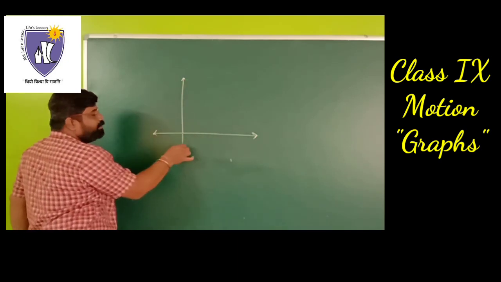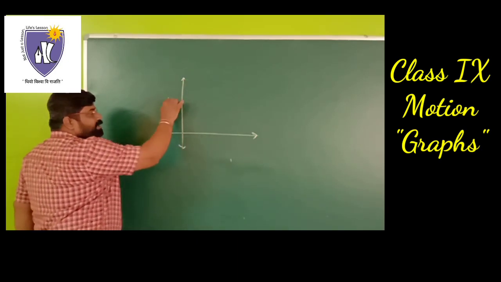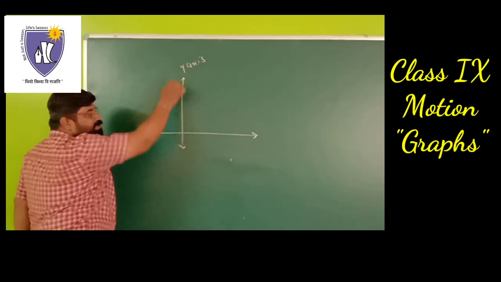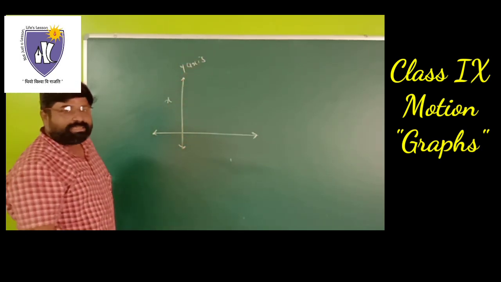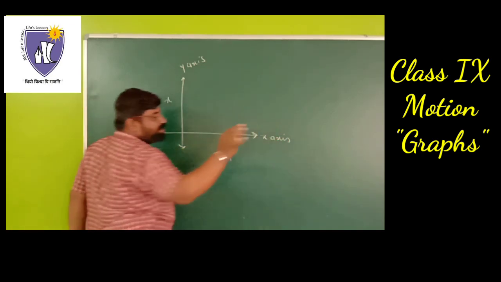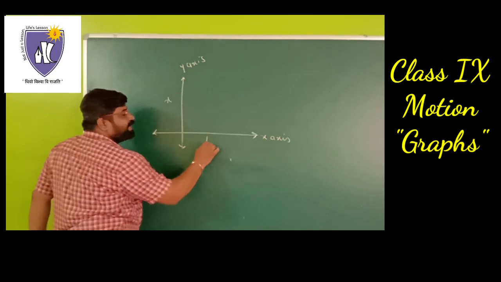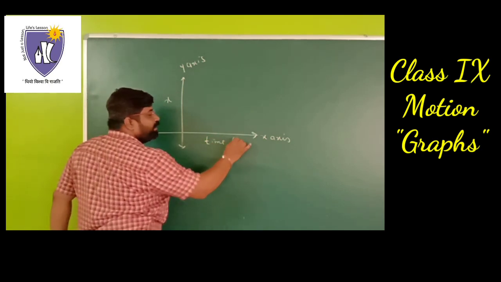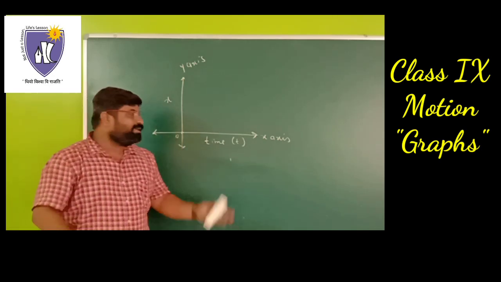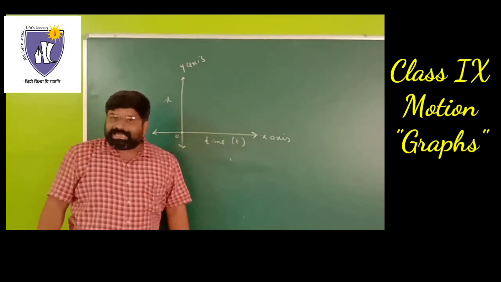Fine. Now let's see that in the previous video we had studied the distance time or position time graph. Suppose this axis, which is the y-axis, represents the position or the distance of an object, and this is our x-axis, which I called the time axis, if you remember. Because in physics mechanics we represent time on the x-axis.